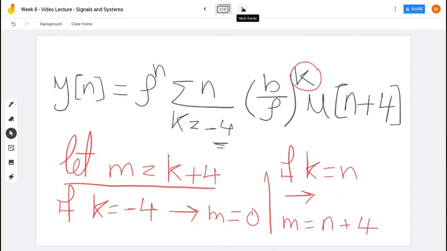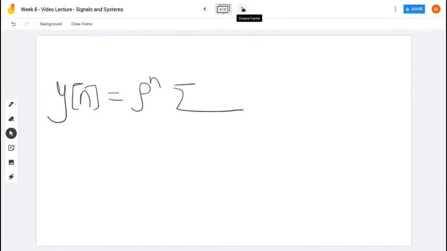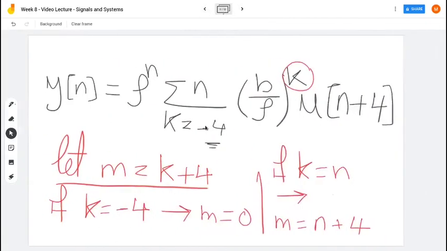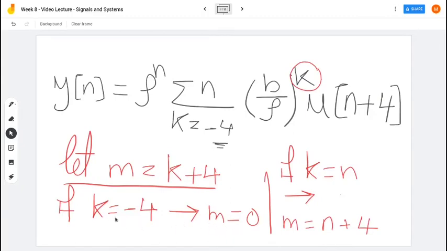So y of n will be equal to rho to the power n, summation over the new variable m going from 0. When k is minus 4, the lower limit of the summation, it becomes m equal to 0. And when the upper limit is n, k equals n, m will be n plus 4.